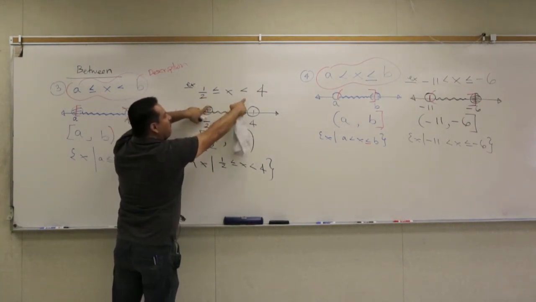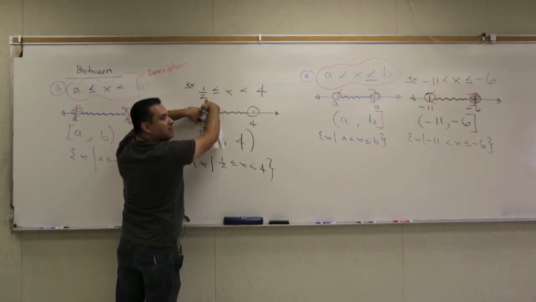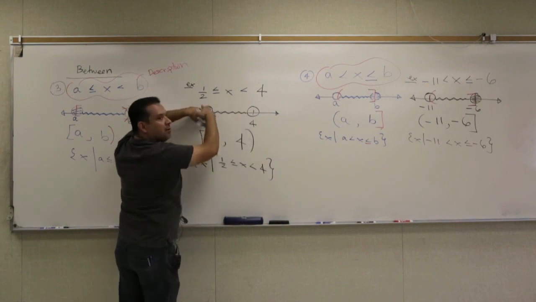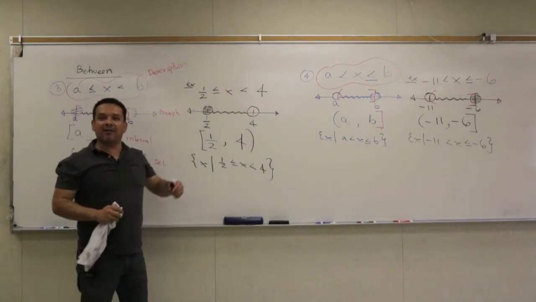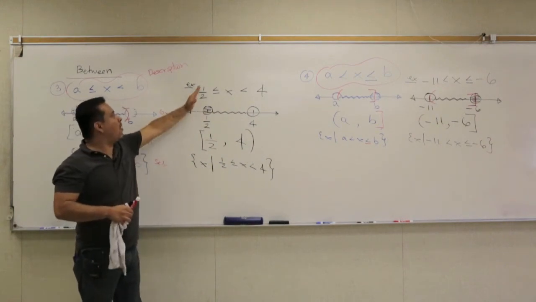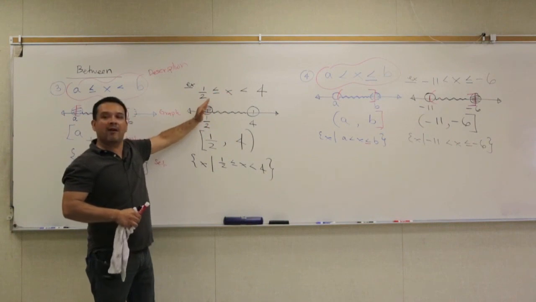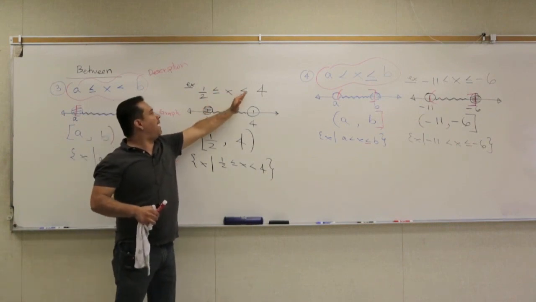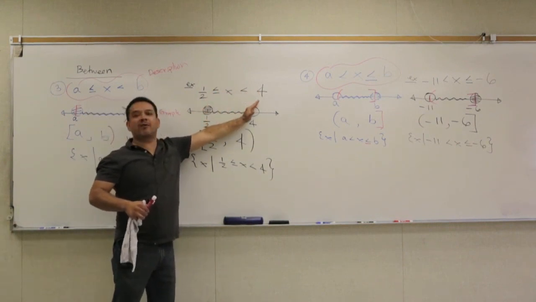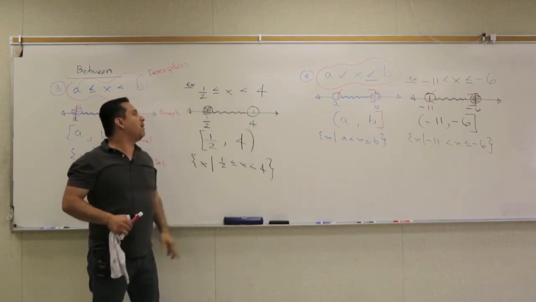So that's why I don't really emphasize reading it backwards, because it could start to get a little weird. But if you really read it, 1/2 is a smaller value. 1/2 has to be less than the numbers. 1/2 has to be at the furthest left. x, or 4, has to be the furthest right value because all the numbers that are shaded have to be smaller than the 4.